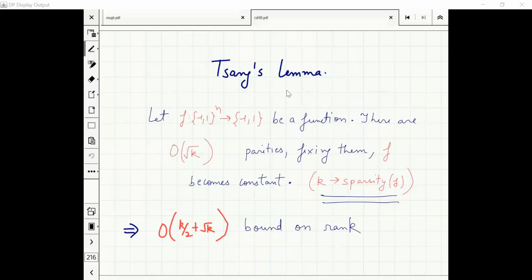If my function was half x1 plus x2 plus x1 x2, and I set x1 x2 equal to -1, my function will become constant.